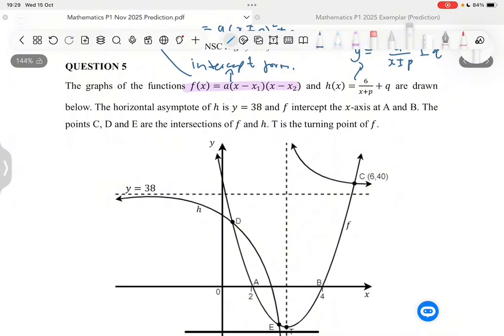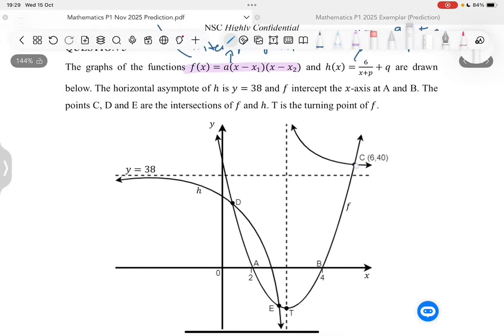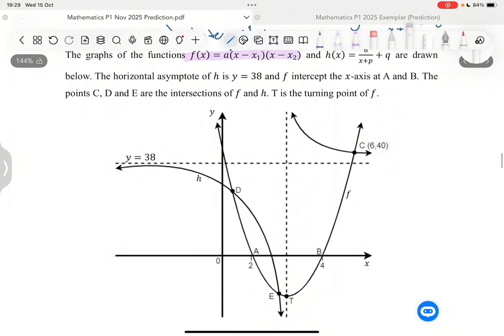Now, we are further told that the points C, D, and E are the intersections of f and h. This means that these are the points where these 2 graphs cut each other. With these points, what they mean is that the x values and the y values are the same for both functions. If I were to trace the x value of the function f here, the 6 here, I will get that number.